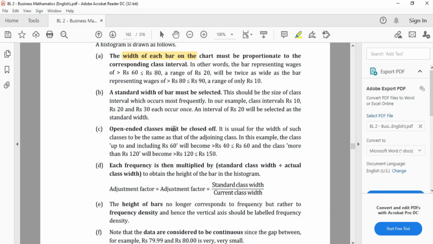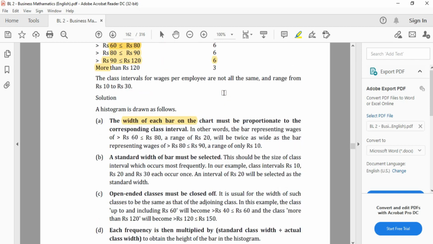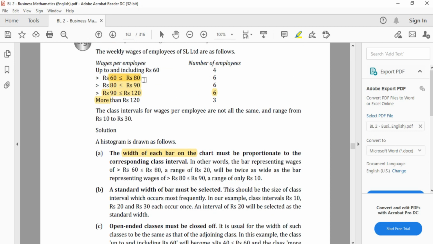Then a standard width of bar must be selected. This should be the size of class interval which occurs most frequently. In our example, class intervals 10, 20 and 30 each occur only once. An interval of 20 will be selected therefore as the standard width. So out of the widths that you found, you must select a common width.